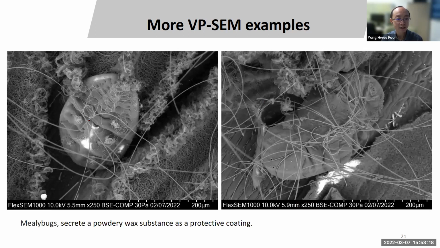These bugs, as you can see here, secrete a kind of powdery wax substance as a protective coating. So using this technique, you are able to image insects or some pretty large specimens.